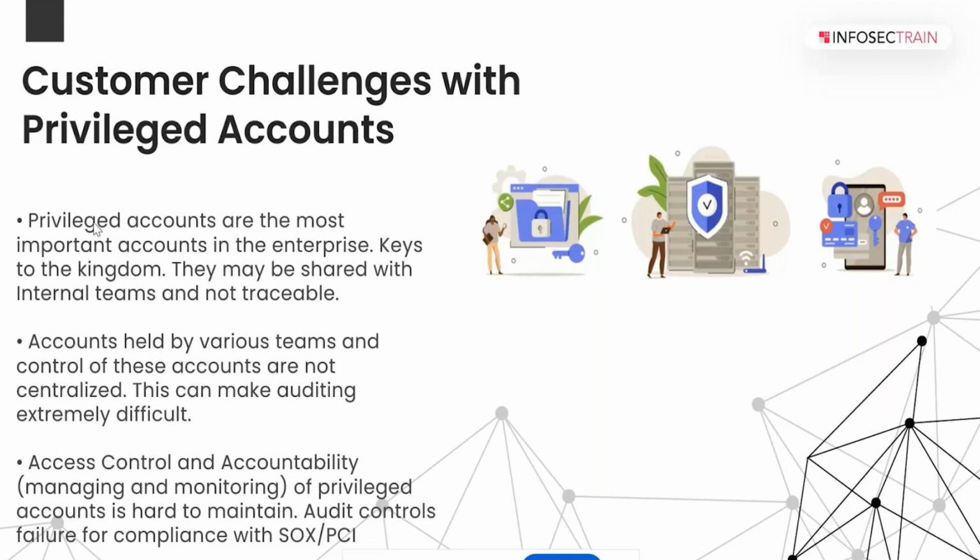And let's say this is the process you are following with all of your servers, whatever servers you have. In that case, there will be multiple administrator accounts within one server being managed at different teams, different places. One by the application team, one by the server team, one by the database team, right? And let's say there is some auditor in your organization, and he has to do some auditing.